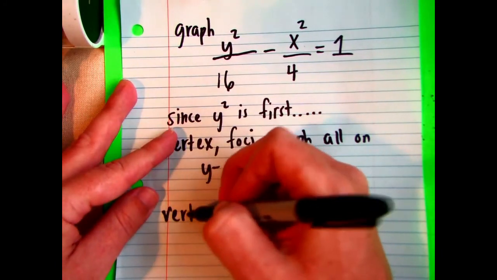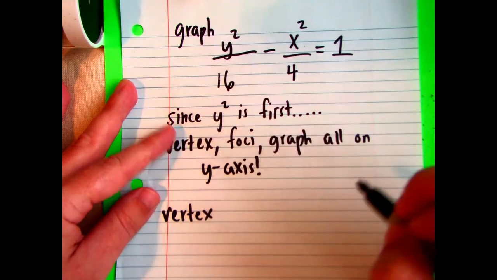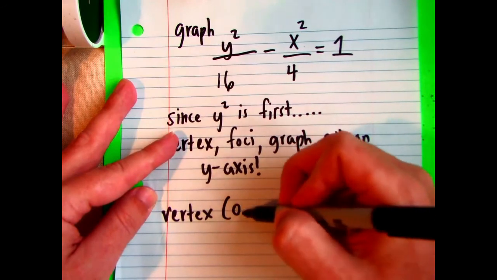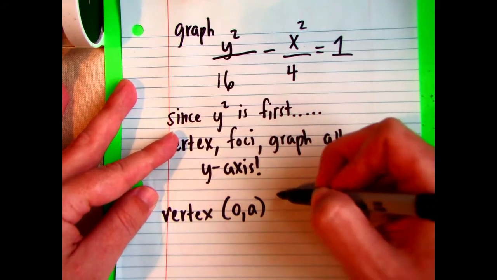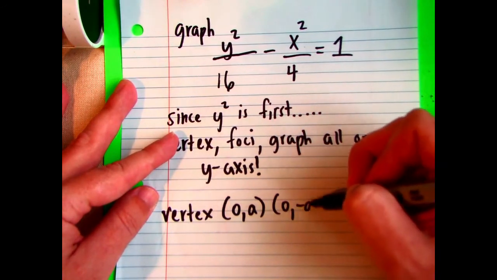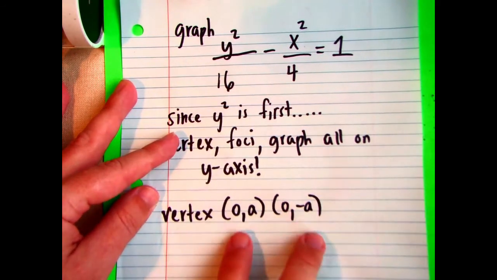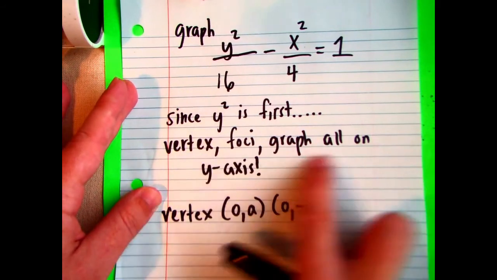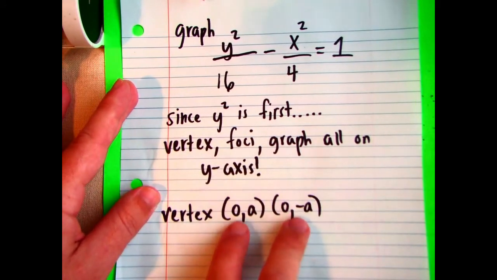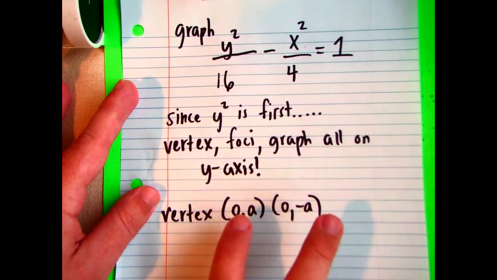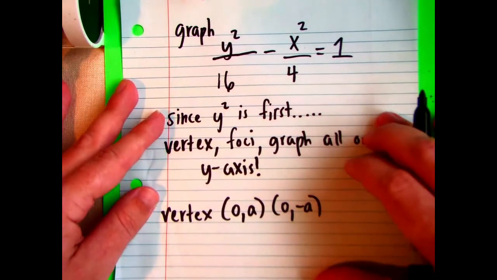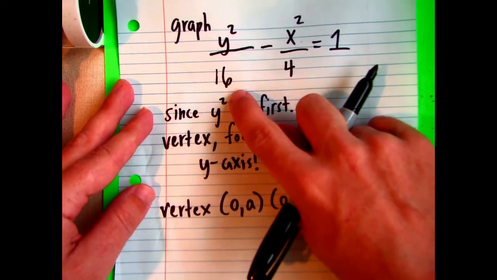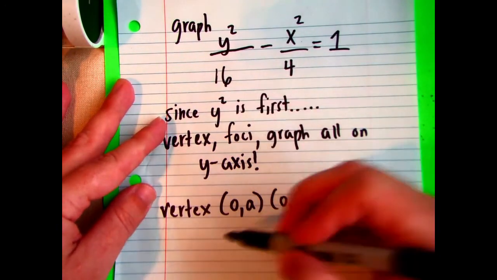Alright, so because of that, how is the vertex going to look as far as a coordinate? Well, it's going to be 0, a and 0, negative a, right? If the vertex is going to be on the y-axis, the coordinate needs to be 0, a, 0, negative a. A squared is still first.